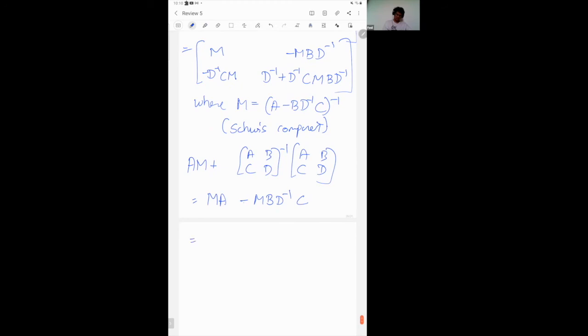So now we know M is this messy thing here. Then this becomes A minus B D inverse C, inverse. Then we have to multiply that with A minus B D inverse C. Am I missing something here?